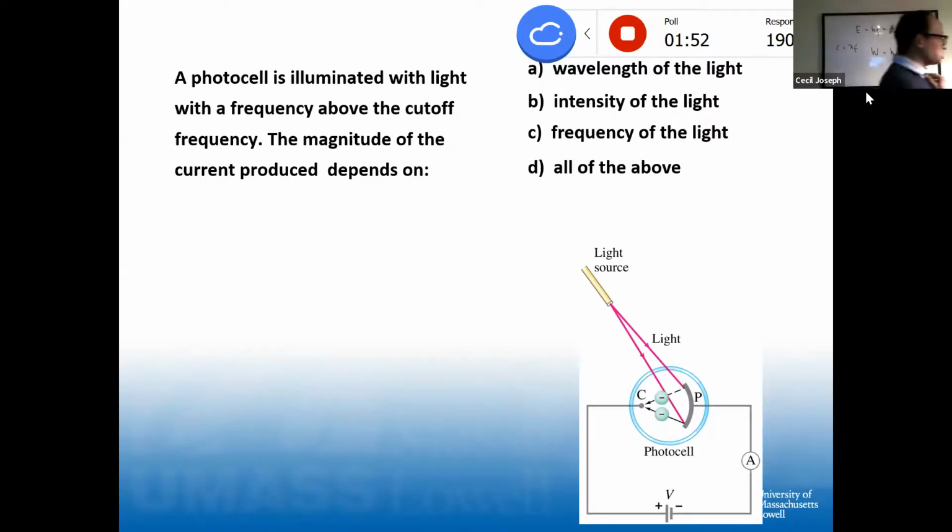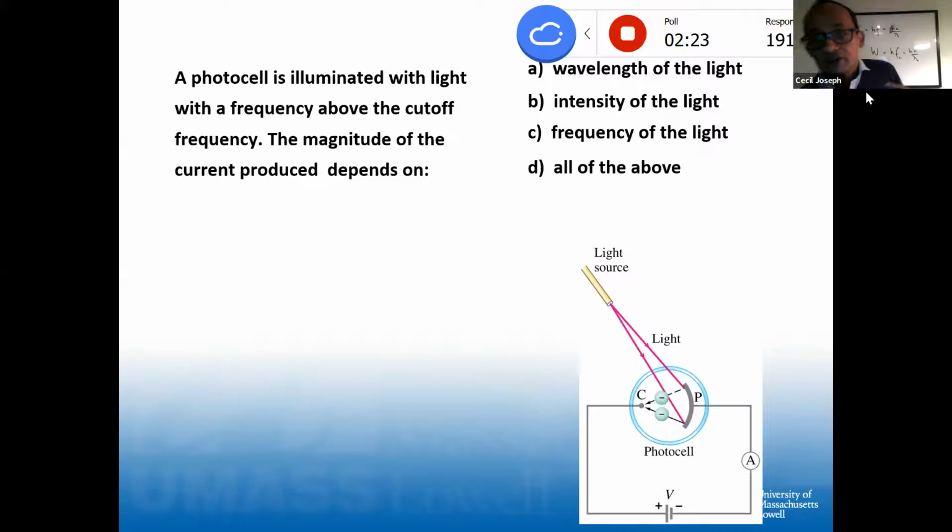No, you're not actually ejecting that many. It's Q over T, yes, but how fast they're moving is not the same as how many are ejected per unit time. The speed of the charge isn't current. Hopefully that makes sense.